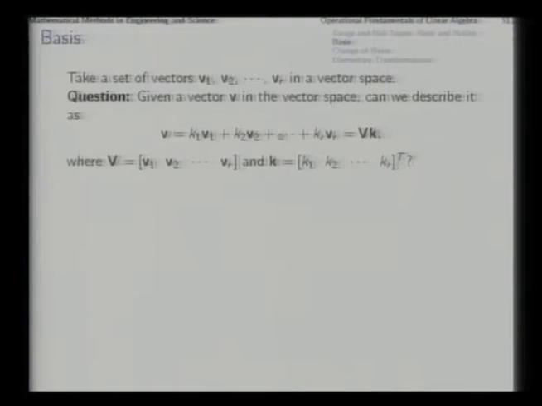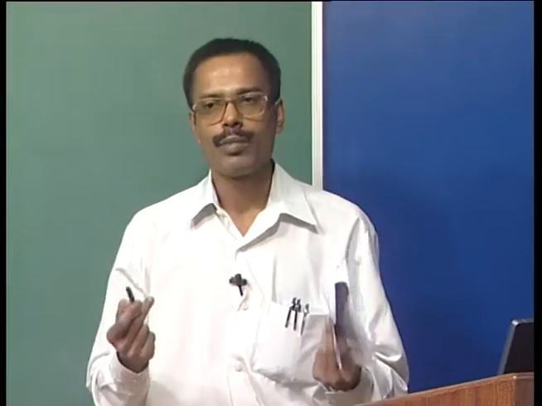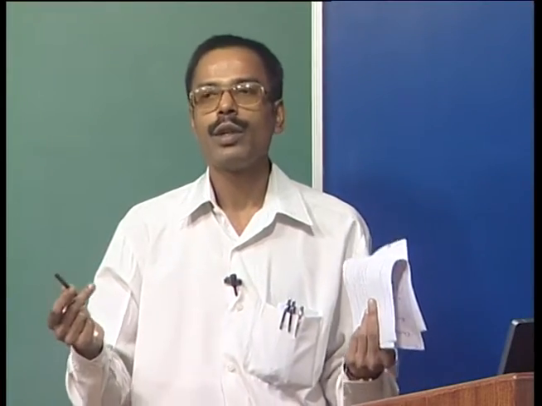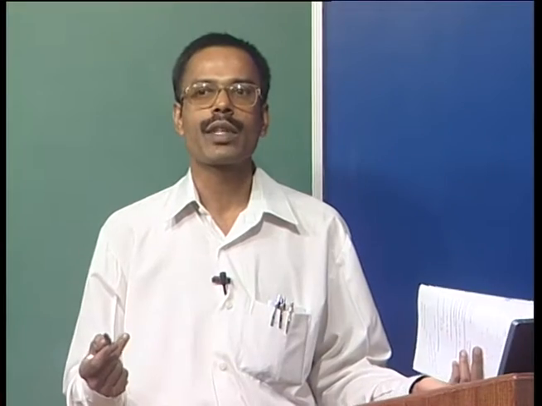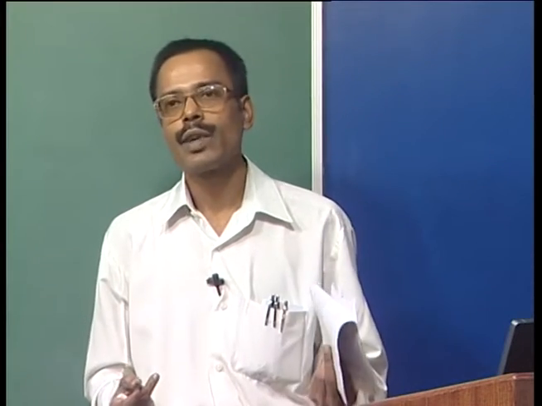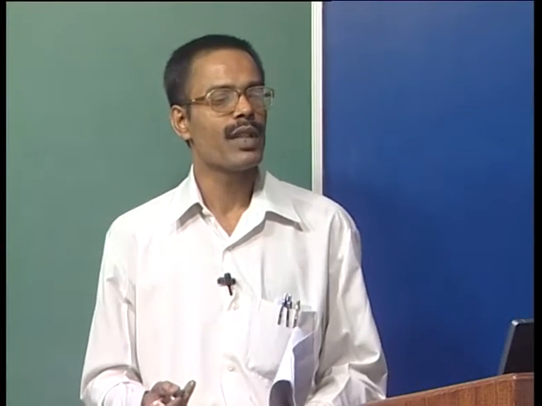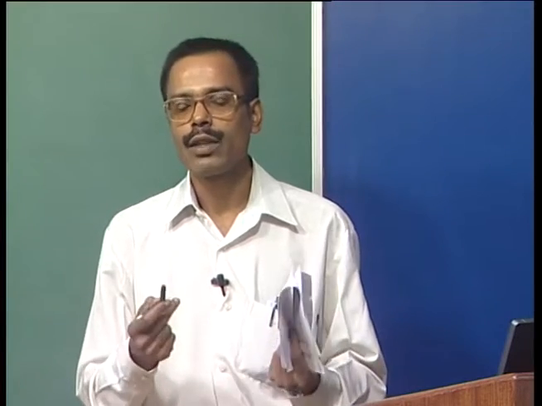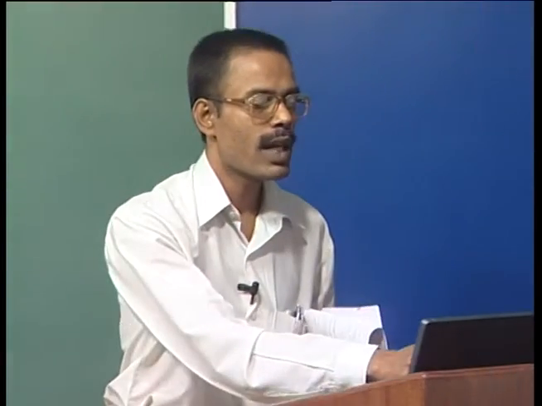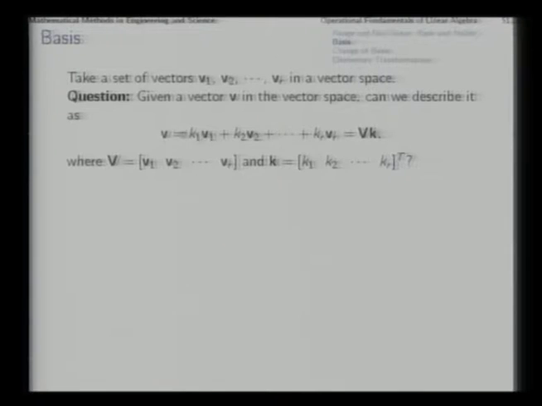Suppose we have chosen r vectors to form the basis to describe all other vectors in that vector space, and then a candidate vector v appears and we are trying to express this vector v as a linear combination of the chosen vectors. Is it possible or not?